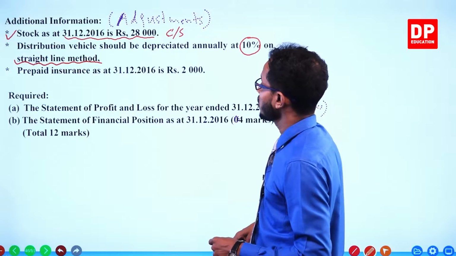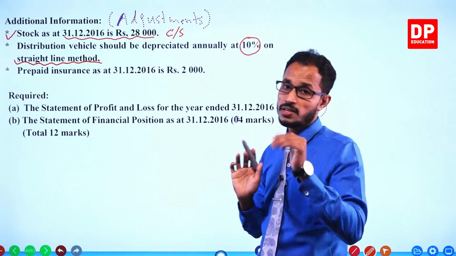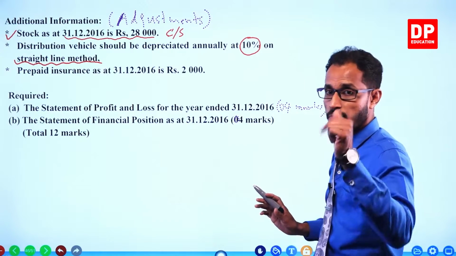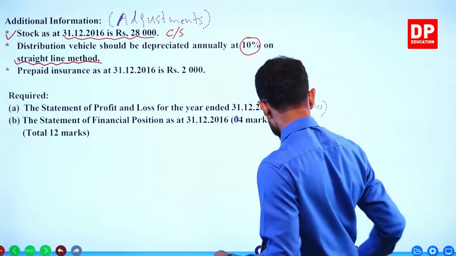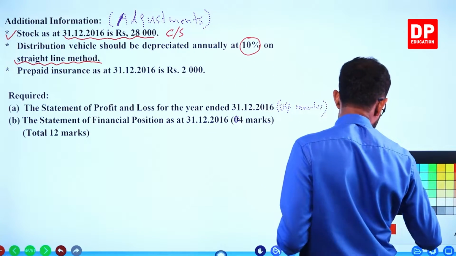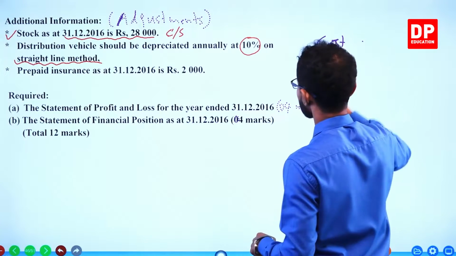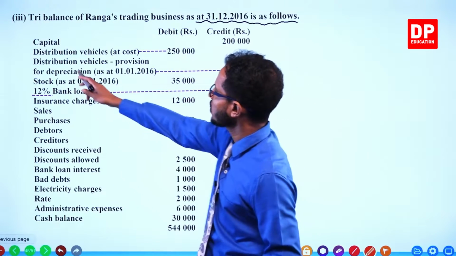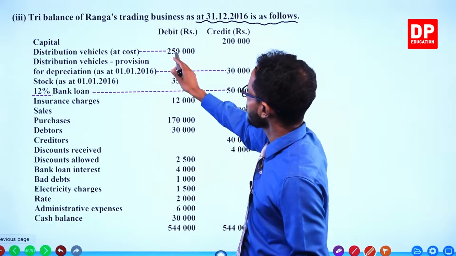But the important thing is the percentage, how much should it be depreciated. Now they say 10% should be depreciated. Take the cost of the motor vehicle first. What is the cost? Cost is in the trial balance. There you go, I have already marked. Cost 250,000.